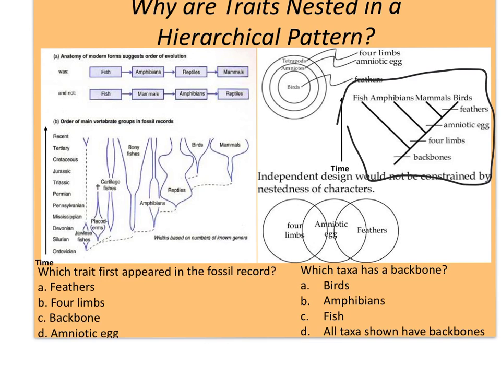we have a phylogeny. And what a phylogeny is, is that it shows evolutionary history. Time goes from older at the bottom to more recent up to the top. We see that backbones, vertebral columns, evolved first. In other words, a long time ago, even the jawless fishes, all vertebrates have those.